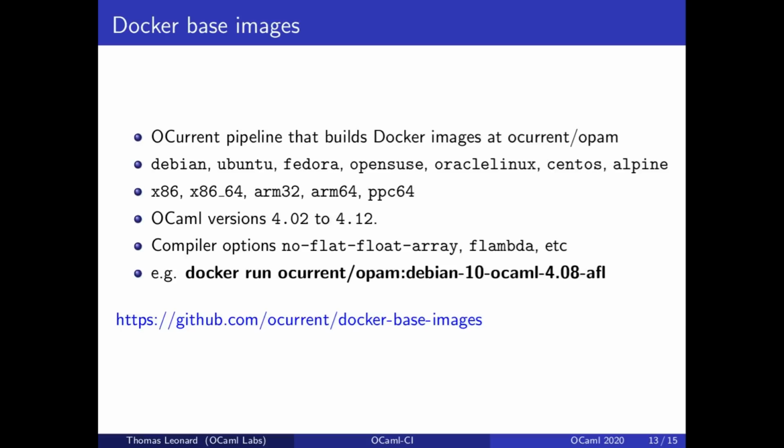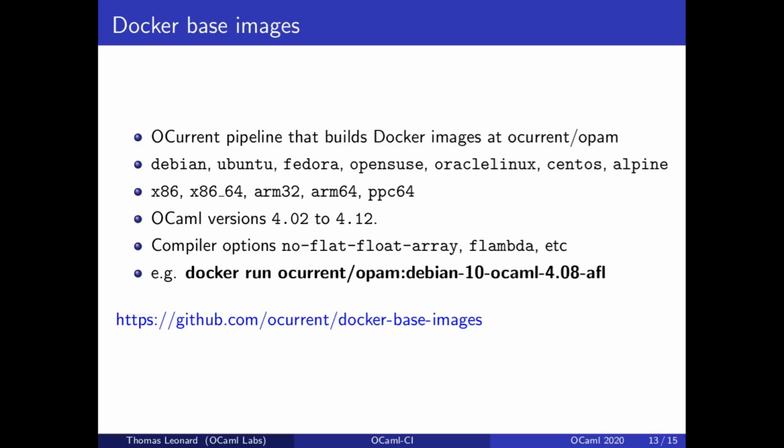The first is a pipeline that we use for building the Docker base images that are consumed by the CI. This pipeline builds a wide variety of different combinations of platform, like Debian, Ubuntu, Fedora, architecture, x86, ARM, PowerPC, OCaml versions from 4.02 to 4.12, and compiler options.